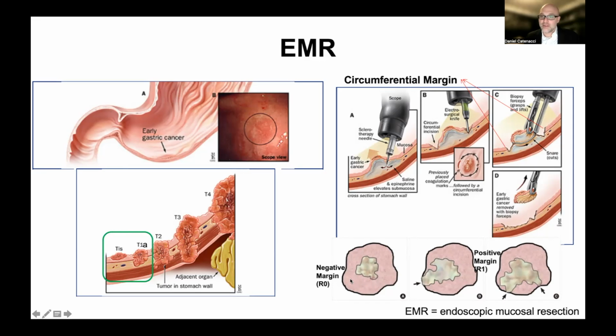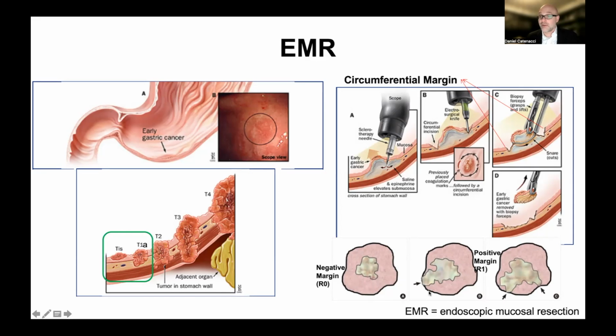On the other hand, these two examples over here are positive margins. This first example is a positive margin in one location, and this other example is a positive margin in two locations. The reason this could occur is that visually, it looks like the endoscopist is getting all of the cancer out, but microscopically, even though it looked normal in the area that they cut, there were cancer cells going right up to where they cut.